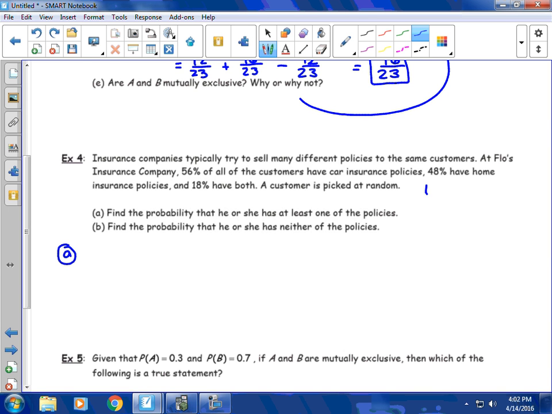So let's say probability that they have car insurance is 56%, 0.56. Probability that they have home insurance, we'll call that probability of H, is 0.48. Probability that they have both, that's car and home, intersection, is 0.18.